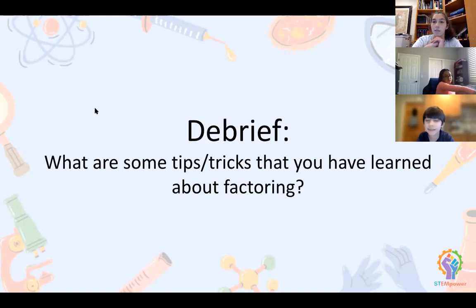I don't really know any. I learned that for it to be a factor of 2, it has to be even. Yeah. What else? And for it to be a factor of 9, if you add up the numbers together, it should equal a multiple of 9.